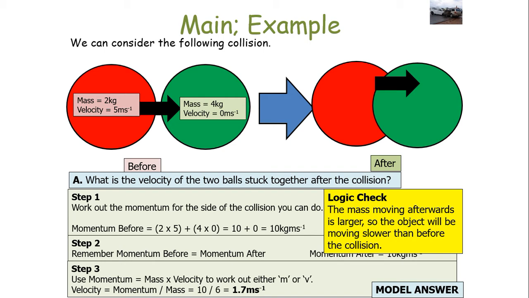So the object should be moving slower than before the collision, because mass times velocity is momentum, and if momentum is constant, if mass is going up, velocity is going down. That's what's happening, because it starts with a velocity of 5 meters per second, and after the collision, the greater mass is now moving at 1.7 meters per second, so it makes sense.